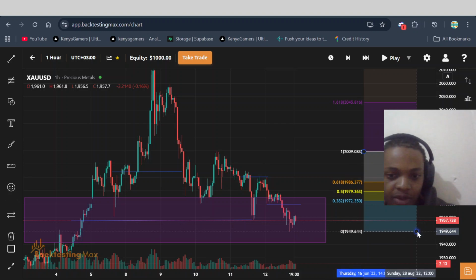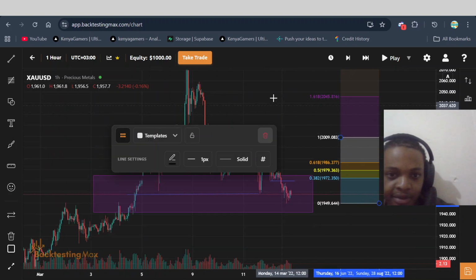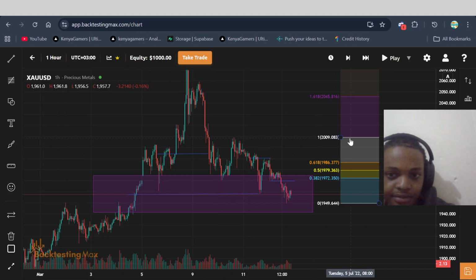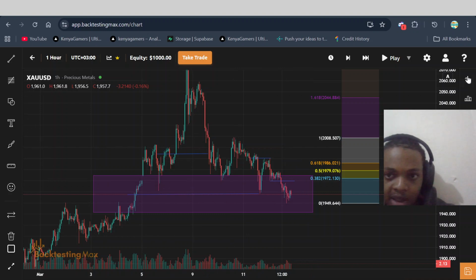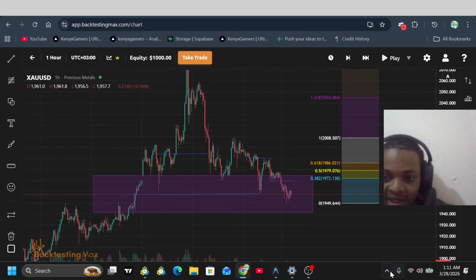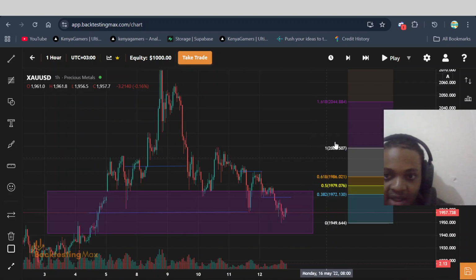Where's the swing low? Swing low, swing high. We need price to come back up here before we look to sell lower. Honestly, I don't know how good this setup is, so I'm just going to test it regardless.